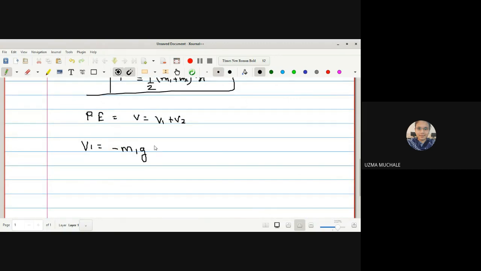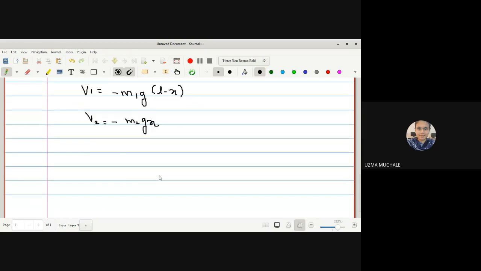What is the height in the case of m1? It is L minus x, correct? What will be V2? Minus m2 g x. Okay. So what is the total potential energy? V is equal to minus m1 g (L minus x) minus m2 g x. Right, so total potential energy, I can write this in the form of this.